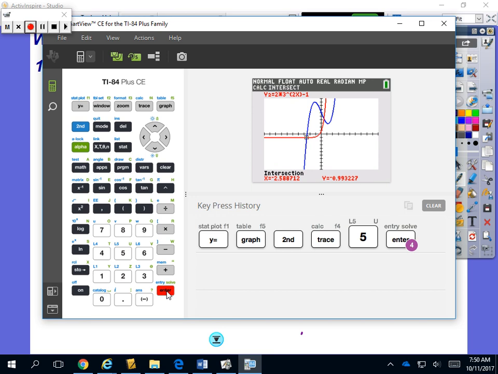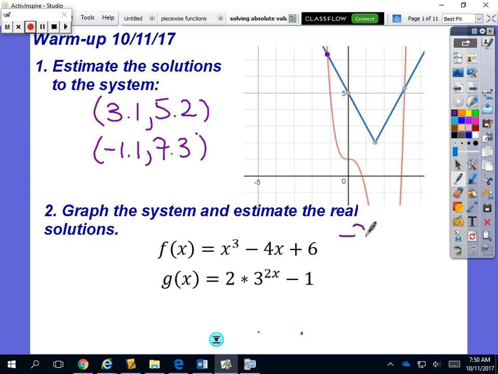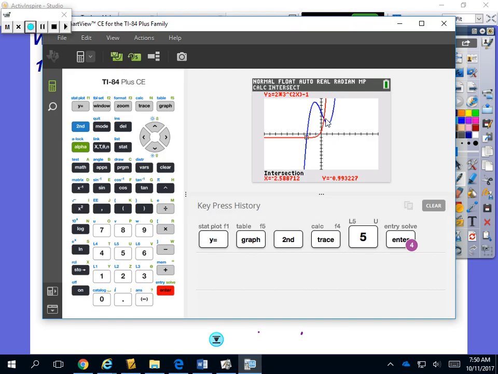So that intersection would be at -2.6 because we round up, and this one would round up to -1 because 0.99 rounds up to 1. So -2.6 and -1 are your coordinates of the first point.